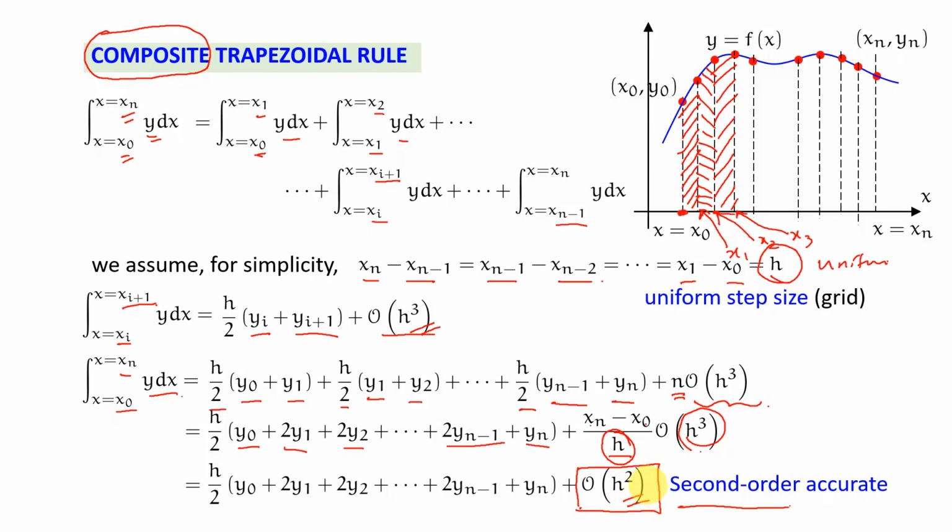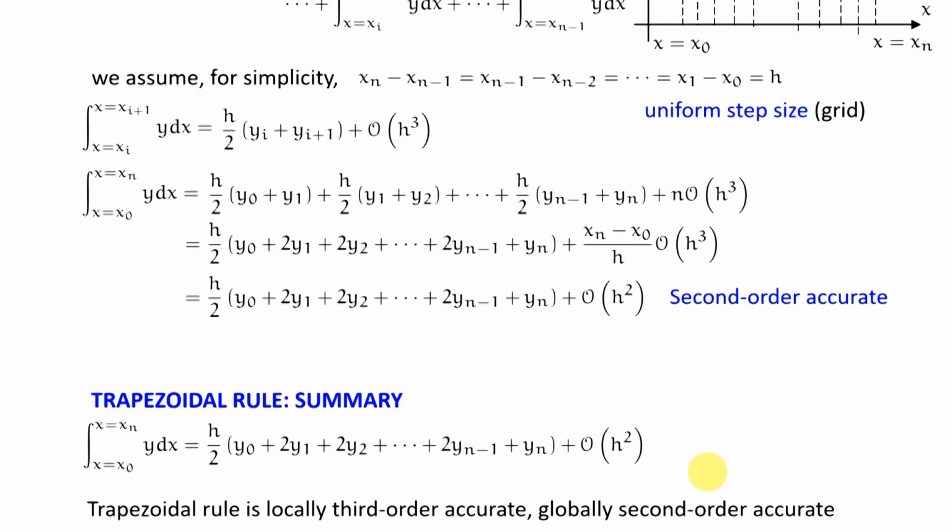But as we go from a single step to composite, this h is much smaller than the single step. Because the h is small, the order of error being h squared is not a disadvantage.